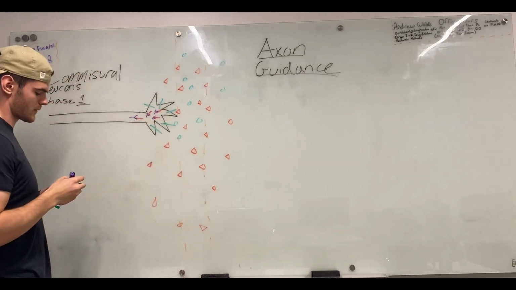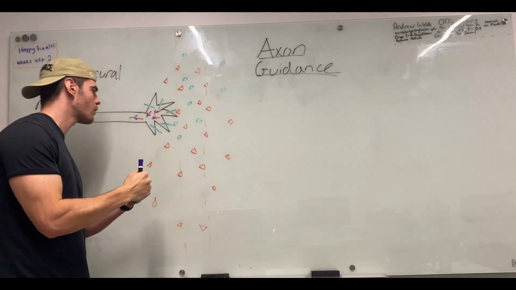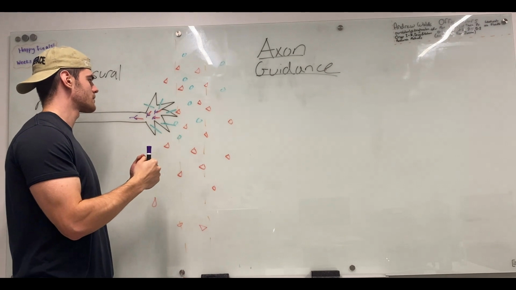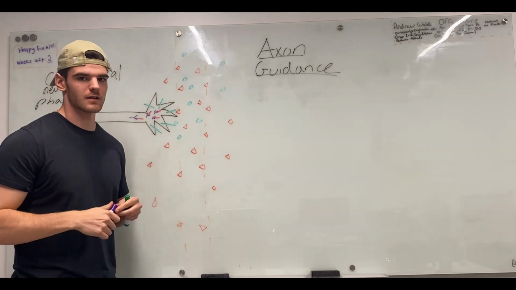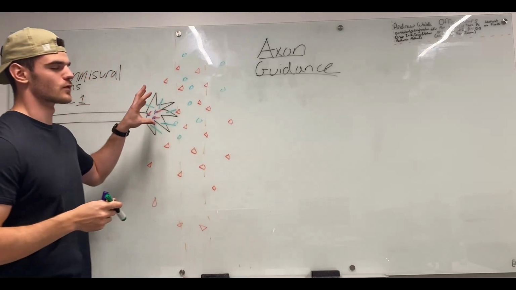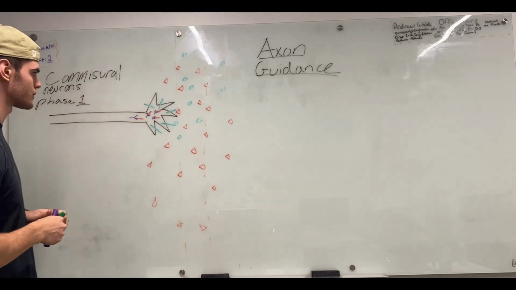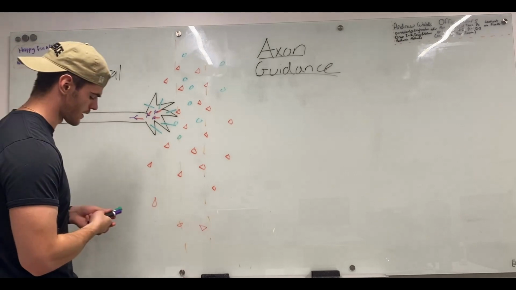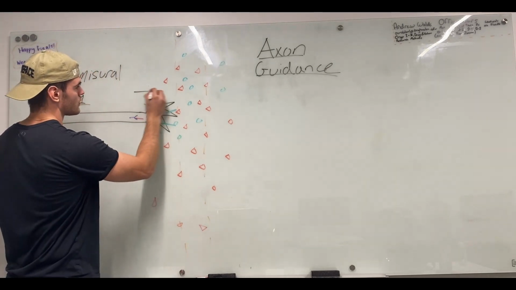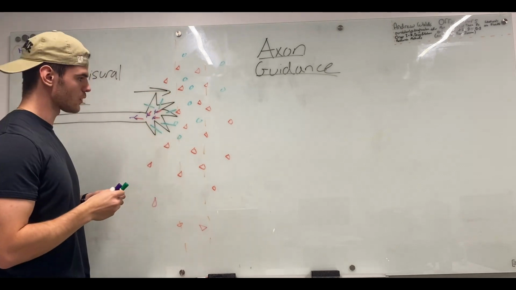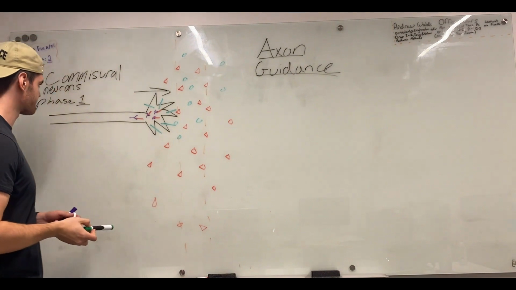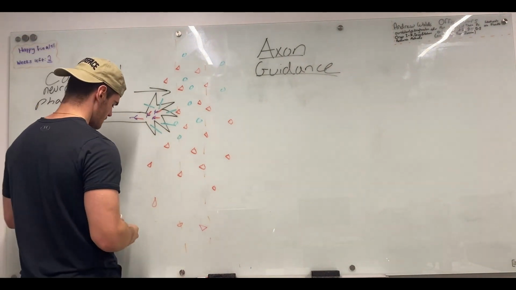Right? Com is holding on to the robo so that only DCC has its active site extracellular for netrin to grab onto. Pulling this phase one, pulling this axon closer to the really high concentration. Okay, so that's phase one.